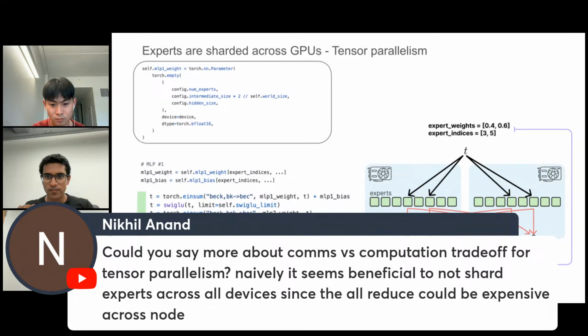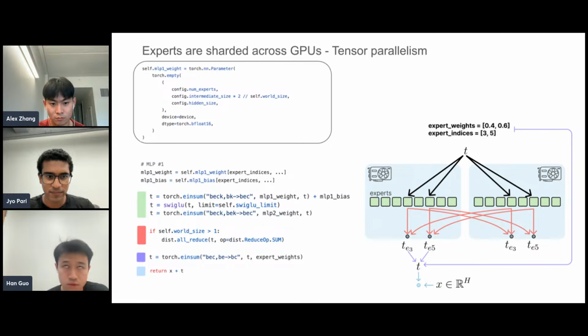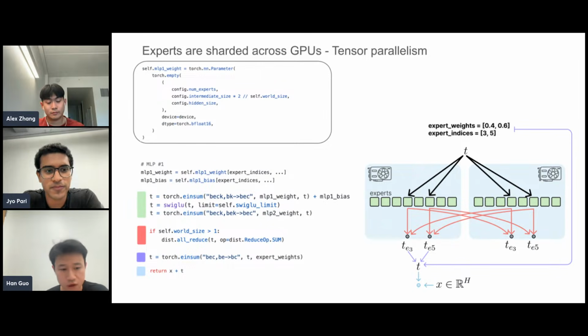So I'm speaking of tensor parallelism in general. Tensor parallelism is designed for reducing the latency. The price you pay is extra communication. As a result, for inference, people usually use a lot of tensor parallelism to reduce the latency.